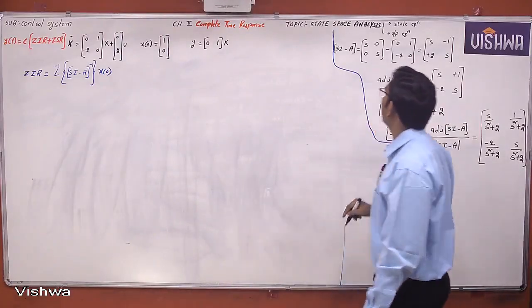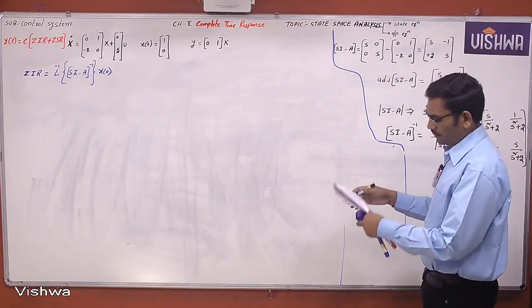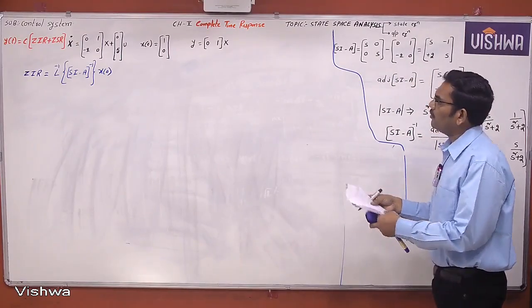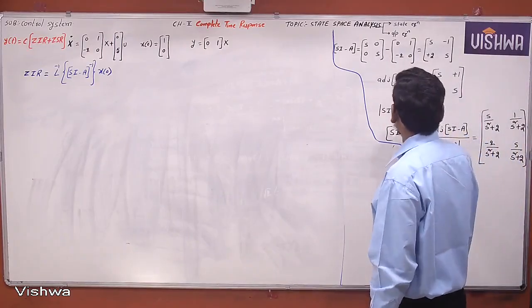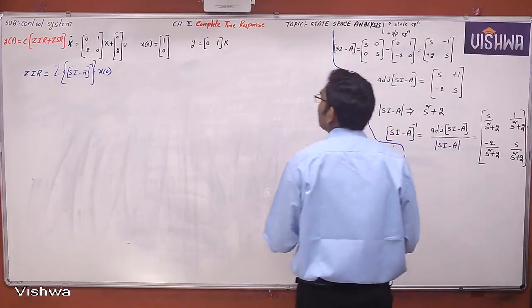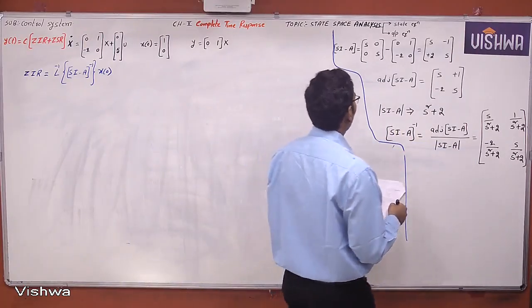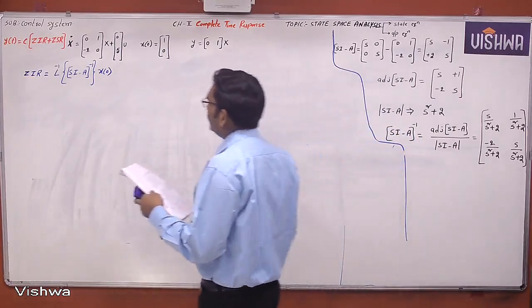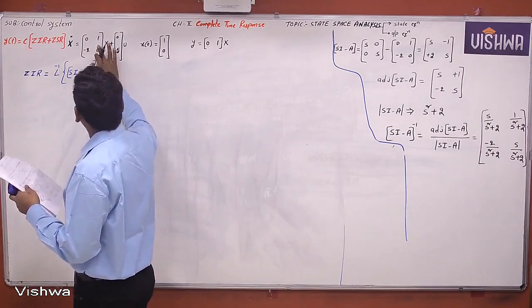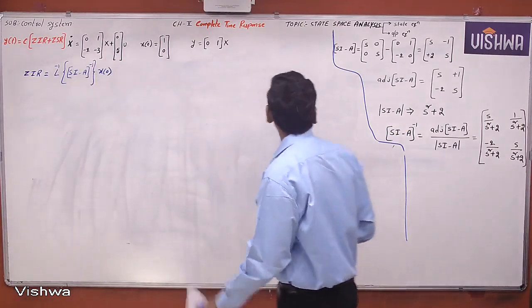What is sI minus A? Here A is [0, 1; minus 2, minus 3], sorry, minus 3, so there is a small change.